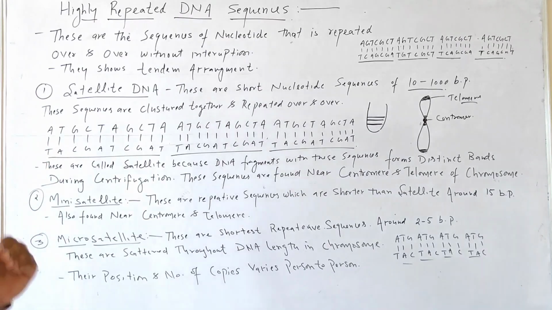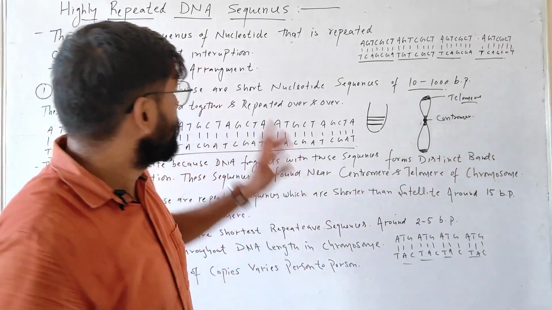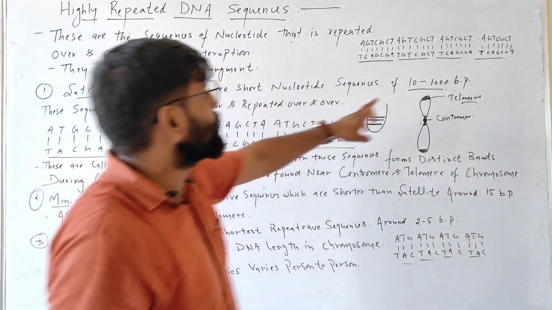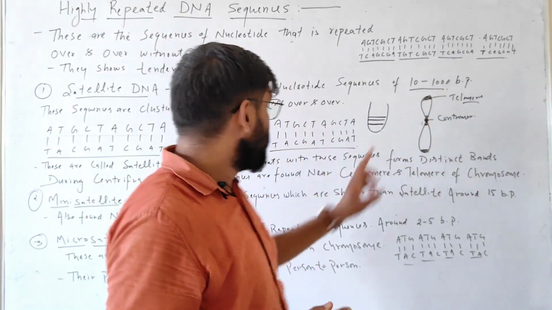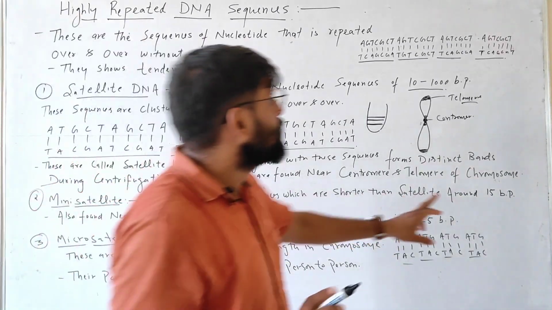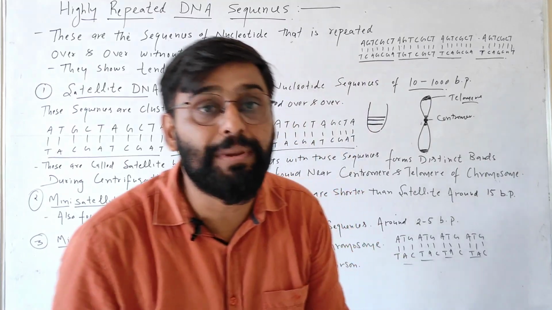Next is minisatellite. As its name indicates, these are repeated sequences which are shorter than satellite DNA. We know that satellite DNA sequences are 10 to 1000 base pair. But in the case of minisatellite, they are up to 15 base pair.